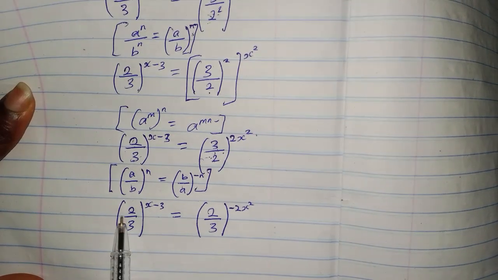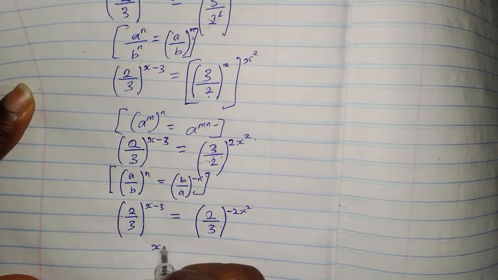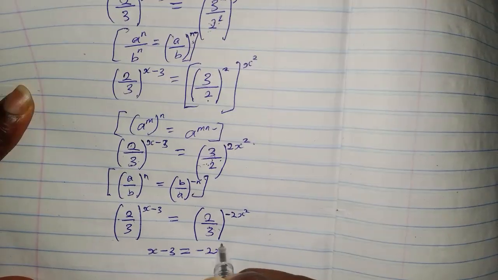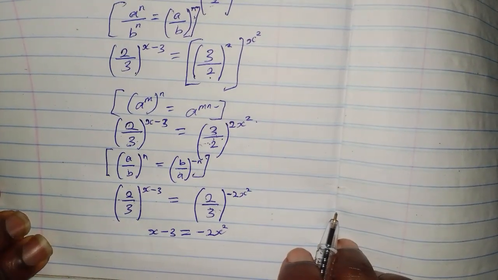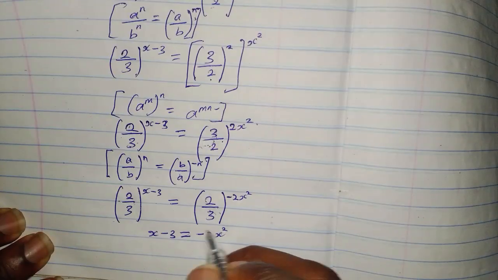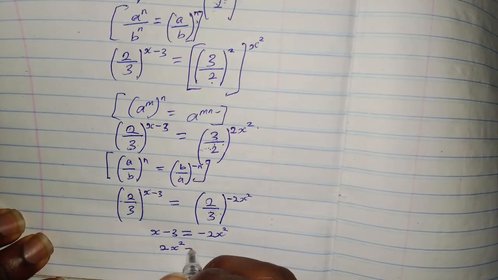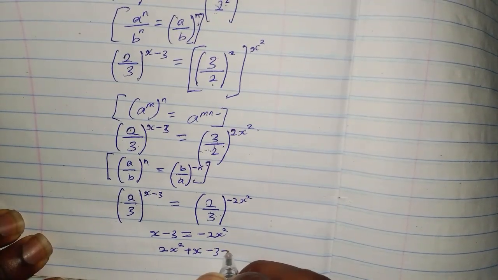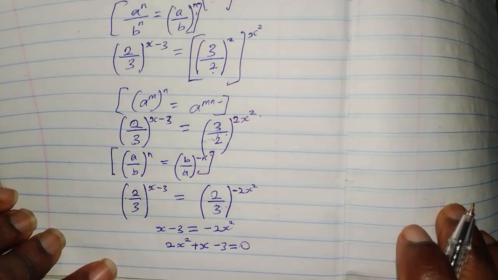We can see that both bases are the same, so we can compare the equation. We see x minus 3 is equal to minus 2x squared. If we write this in quadratic form, we bring this to the other side. So we have 2x^2 + x - 3 = 0.